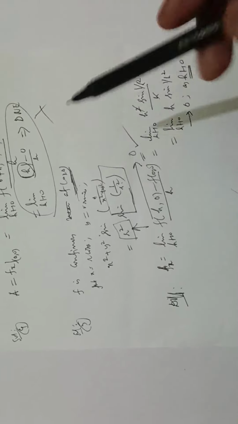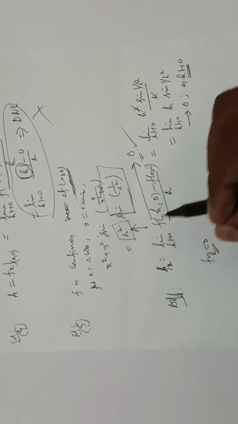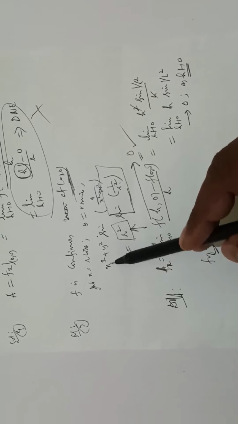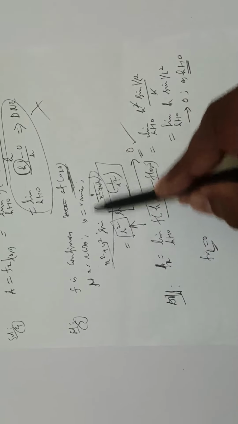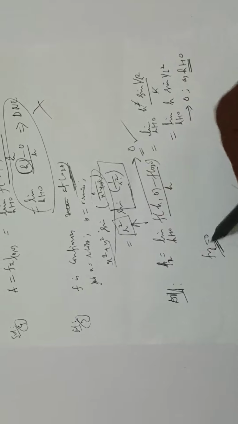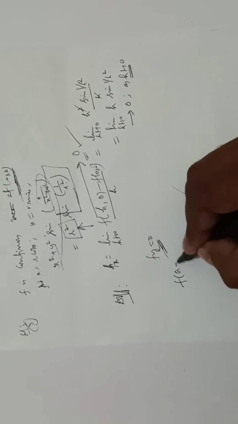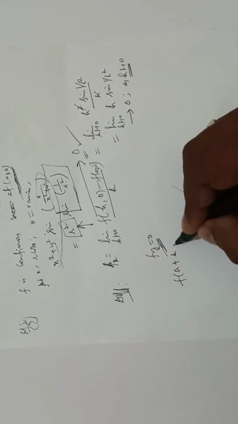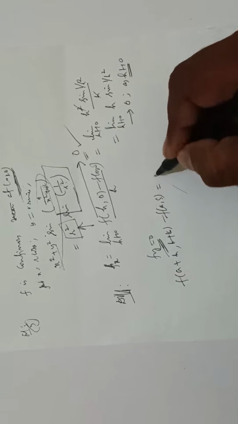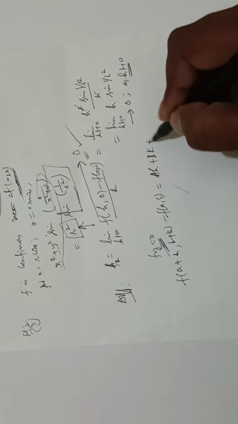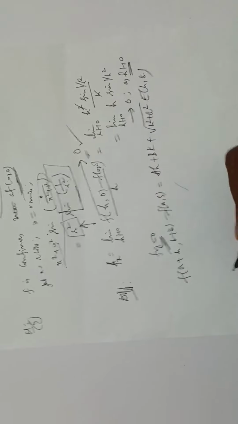Same reason. So similarly, your fy is also 0, since wherever x is there, the same power is there for y. So we can say the same is true for y. So now the formula for differentiability is this: f of a plus h comma b plus k minus f of a comma b equals ah plus bk plus square root of h square plus k square e of h comma k.